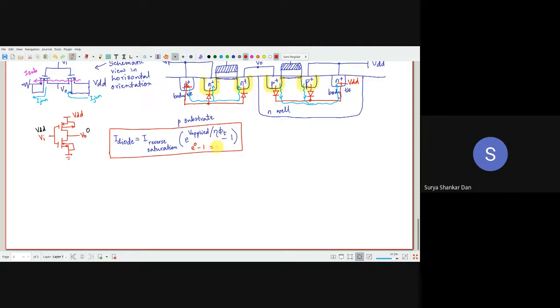Awesome. This whole thing will be 0. This diode leakages will be 0. Unfortunately, situations can happen when this is negative of some large number, which is approximately 0, and this essentially becomes -1. Therefore, I diode becomes equal to minus reverse saturation current.